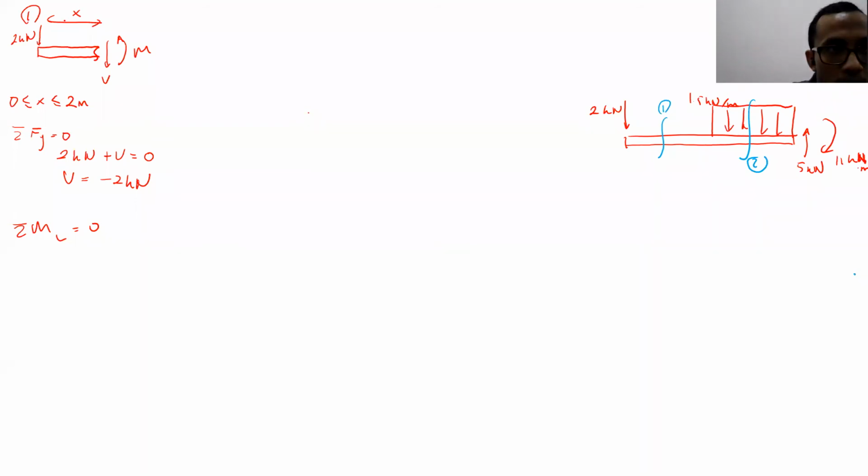V is minus. So it means that the actual direction is going up. It's counterclockwise, plus moment, counterclockwise as well, equal to 0. Correct, right? Yes.